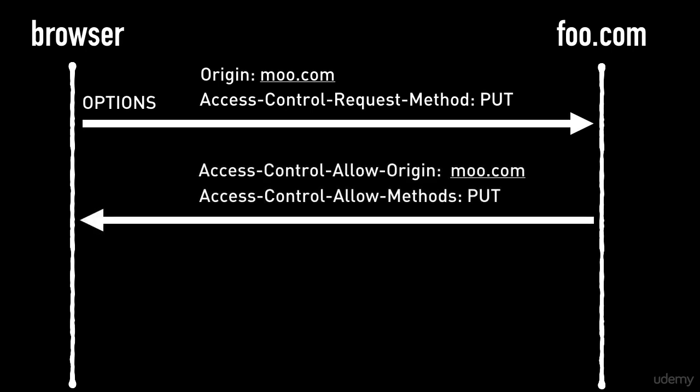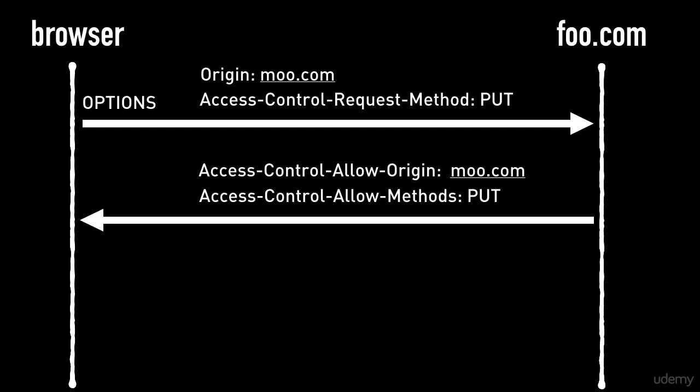Same as before, it would set the Access-Control-Allow-Origin to moo.com or to star, but in addition, it also adds another header called Access-Control-Allow-Methods. This can actually contain a comma-separated list of methods, so it can contain PUT, GET, HEAD, or just one, but it must at the very least contain the same method that's been requested in the request.